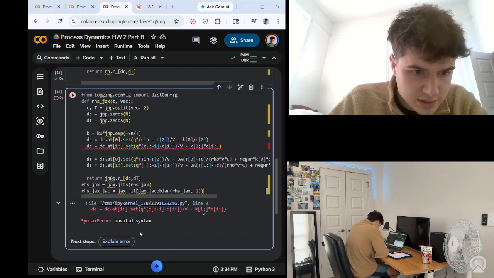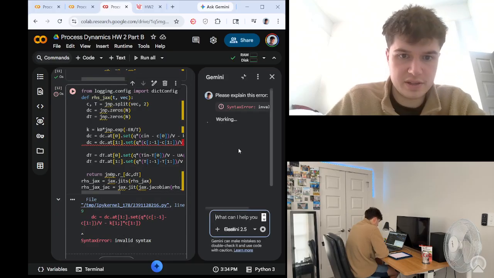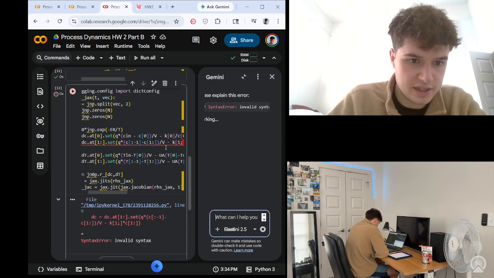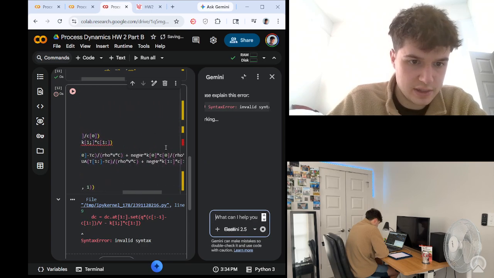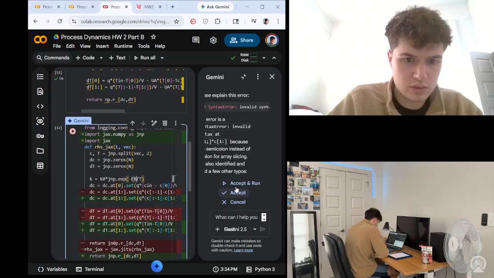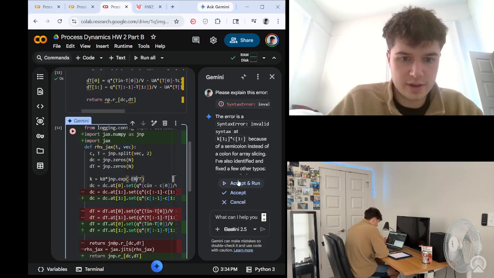Invalid syntax. Explain error. Let's see what it's saying here. Oh, I see it. I don't even need you. I'm smarter than you, Gemini. Yeah, okay. It's supposed to be a colon, not a semicolon.